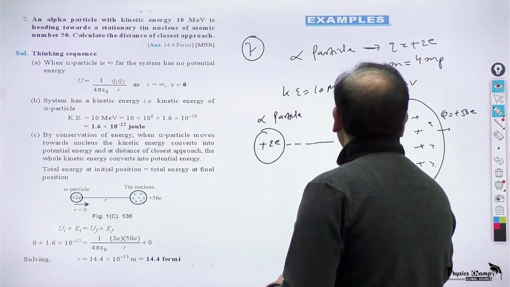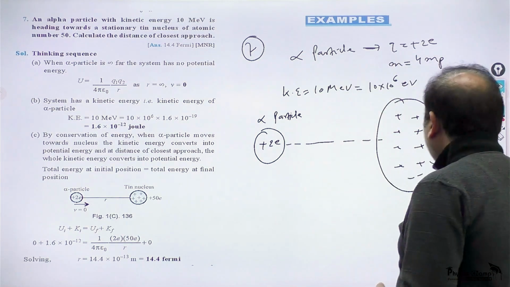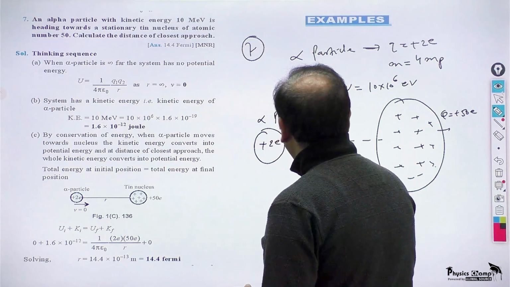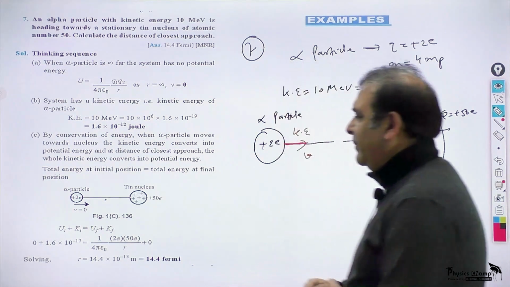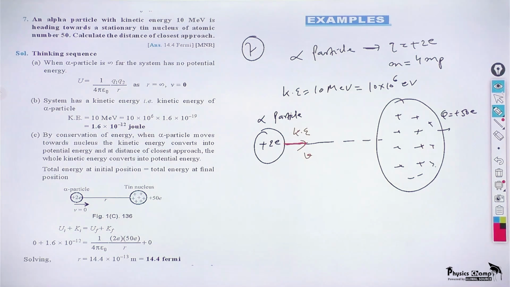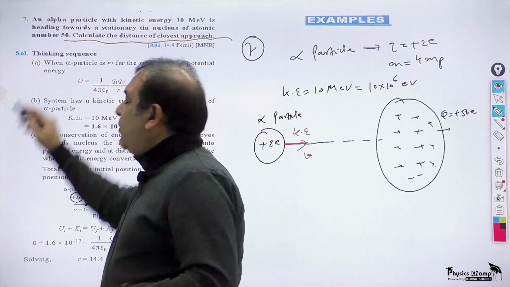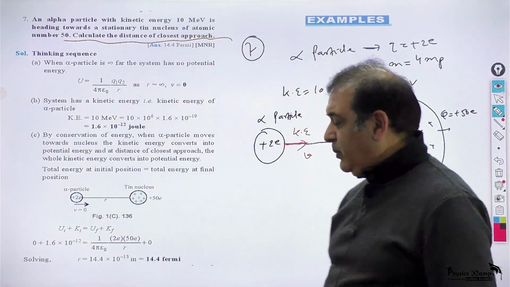It is heading towards it. This alpha particle was having some kinetic energy, some speed. Calculate the distance of closest approach. Now what do we mean by distance of closest approach?